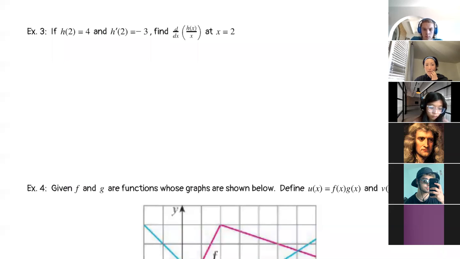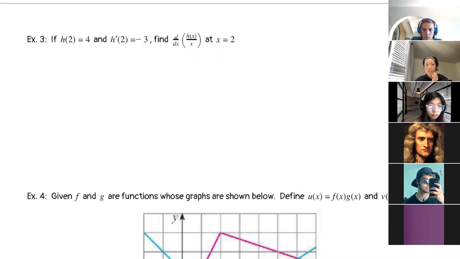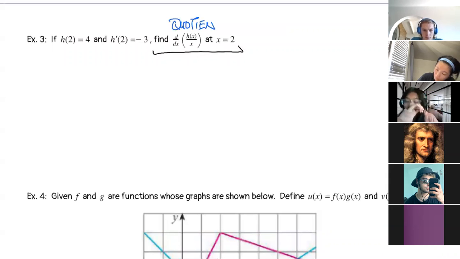I'm wondering if you can tell me what rule you think we need to use in order to find that. Okay, I'm going to write that here. We're going to need to use quotient rule.